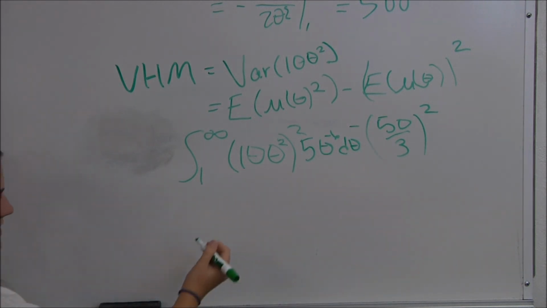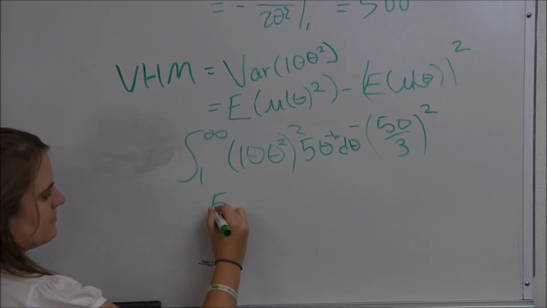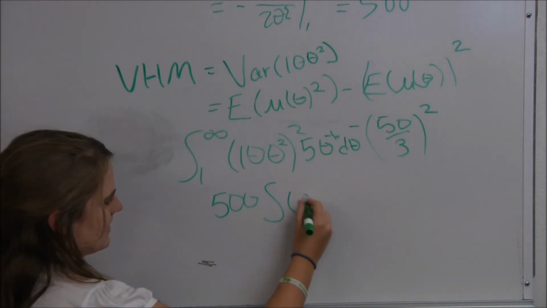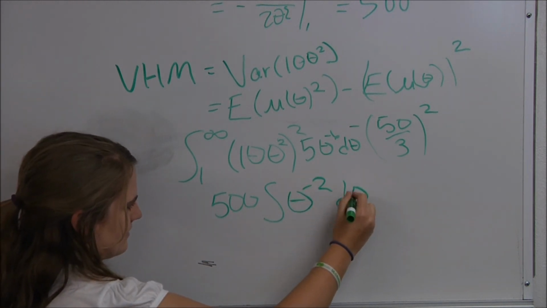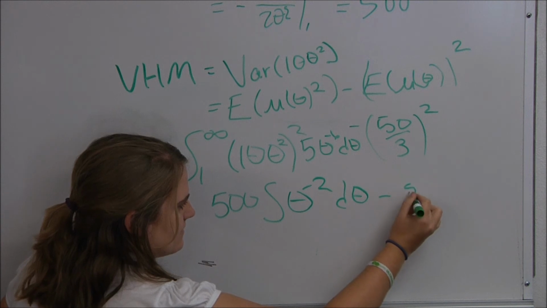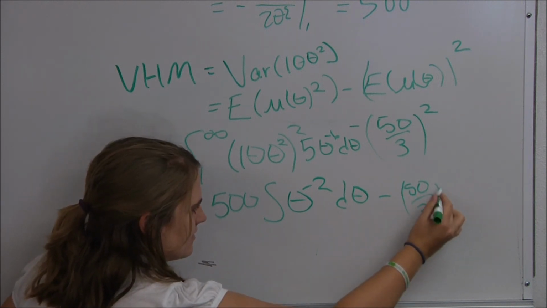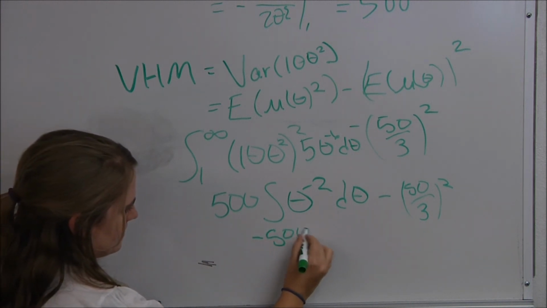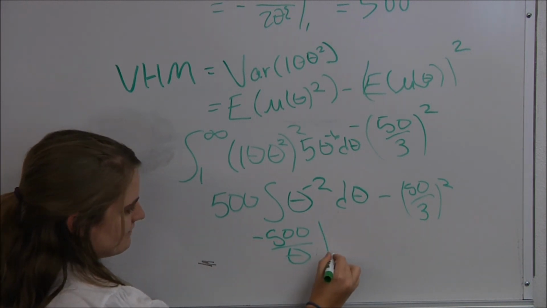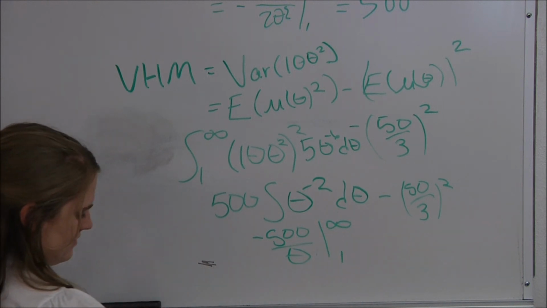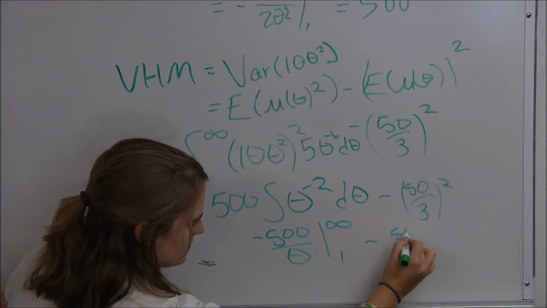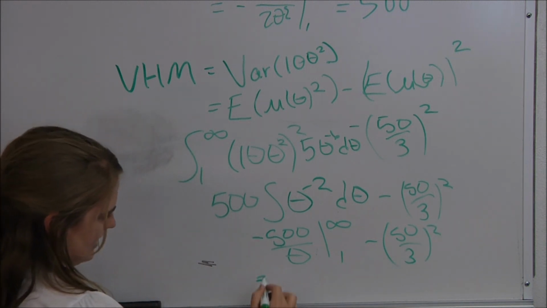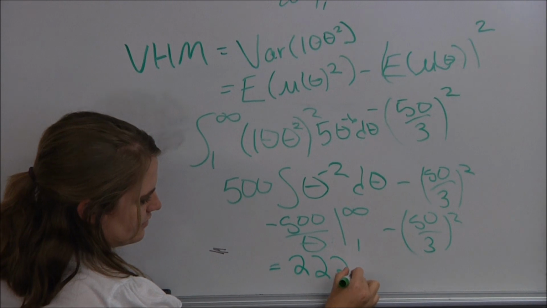So then simplifying that, we come out with 500 integral of theta to the -2 d theta minus 50/3 squared. This integral works out to be -500 over theta, evaluated from 1 to infinity, minus 50/3 squared. And in the end, this works out to be 222.22.